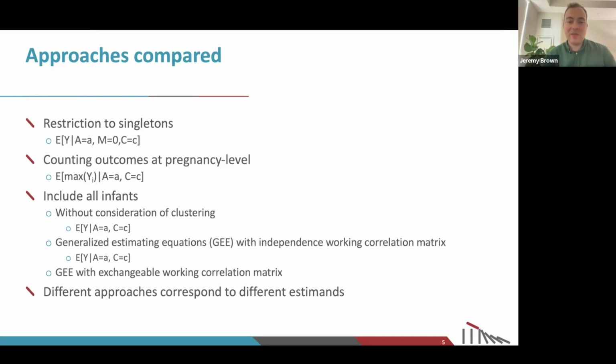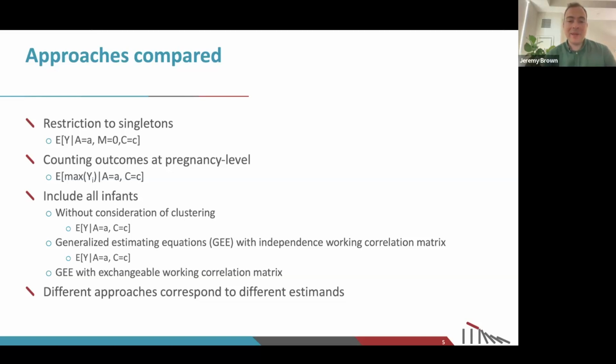The difference with these different working correlation matrices leads to slightly different estimands, with the independence working correlation matrix being the same estimand as an approach without consideration of clustering. And in some way, restricting to singletons or counting outcomes at the pregnancy level does eliminate any issue to do with clustering, but could lead to different estimands.